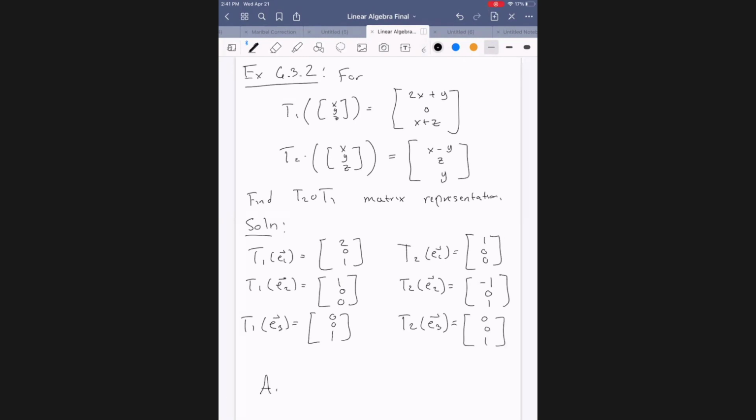So A1 is going to equal 2, 0, 1, 1, 0, 0, 0, 0, 1. And A2 is going to equal 1, 0, 0, minus 1, 0, 1, 0, 0, 1. And from there, just multiply A2 with A1.